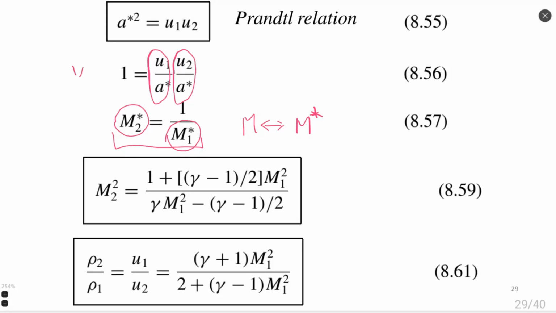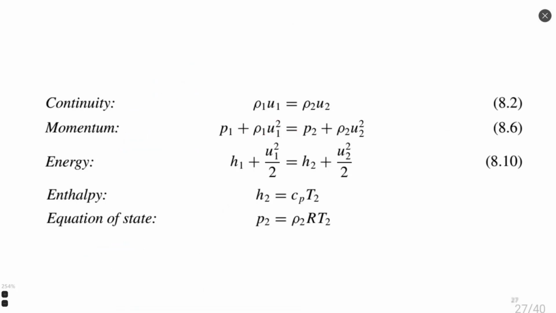Once we find the relation for Mach number, we substitute this relation, equation 59, inside the continuity equation. The continuity equation is this one here, which says that the ratio of density is reverse proportional to the ratio of velocity. This is quite obvious when we see the original continuity equation, this one here.